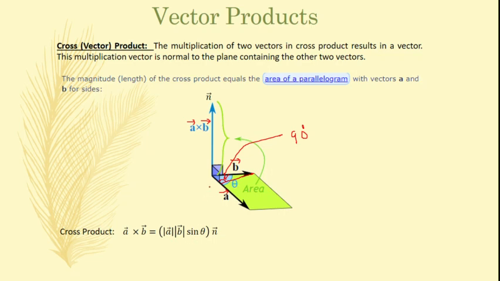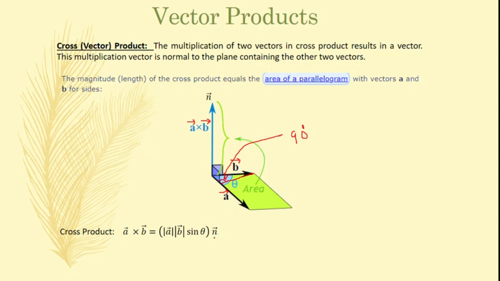Now after taking the cross product, we have to give the direction, because the result we get from this cross product is a vector, and this vector is actually perpendicular to this area, whatever area is made by these two vectors.